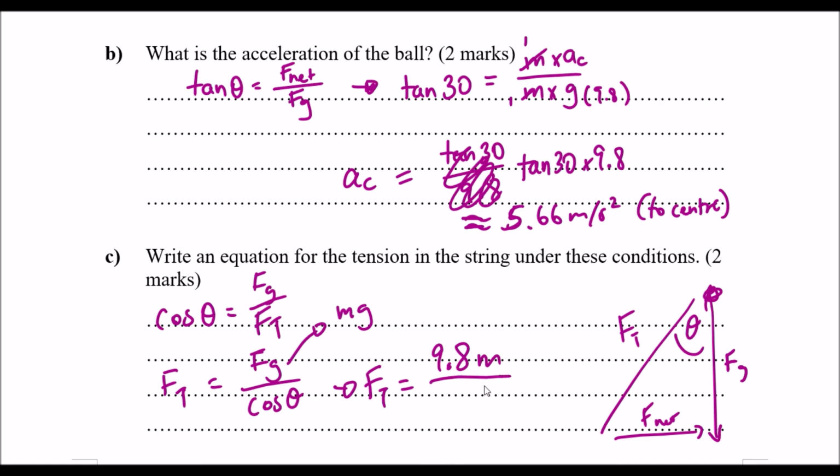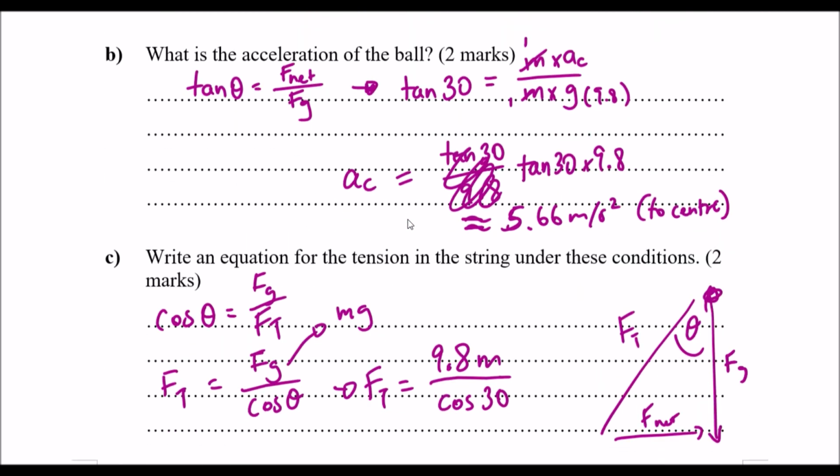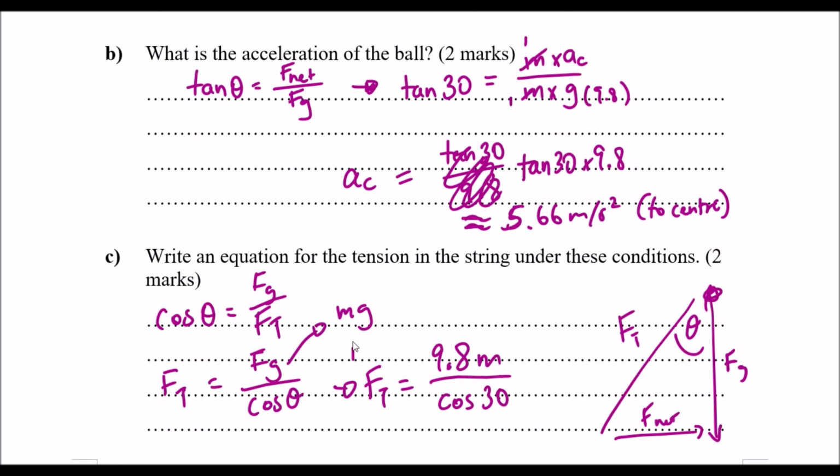And cos theta would be cos 30 degrees, because that's what we had originally there. So you can express this equation. If we knew mass, we would be able to then find the value for the tension force. And that's how you do the question for this one here.